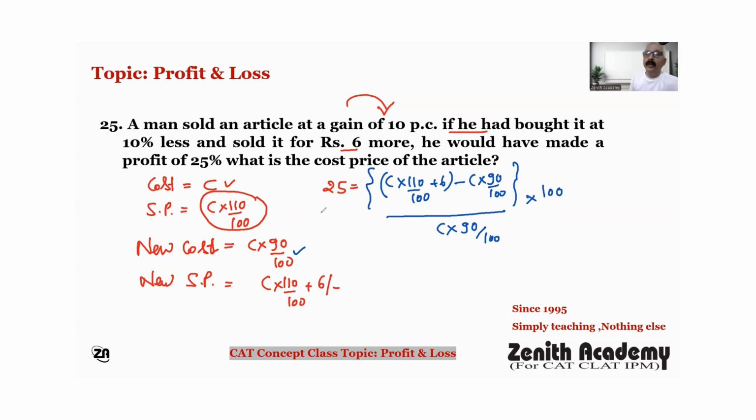सिंप्लीफाई इसको कर लीजिए, आपको C की वैल्यू आ जाएगी। ठीक है, तो दिस एंड दिस is 25 into C into 9 by 10, and here multiplied by this 100.